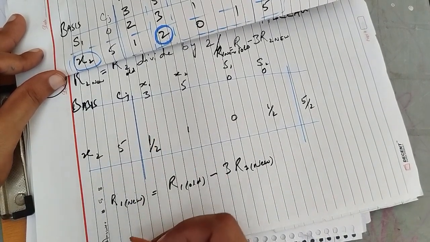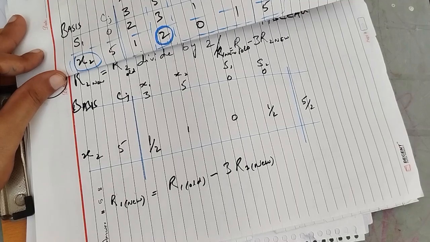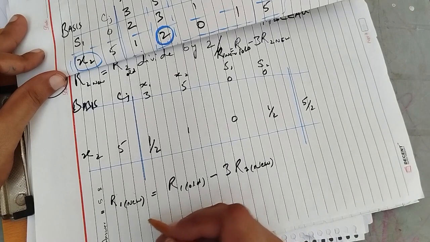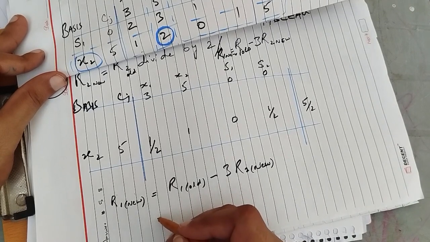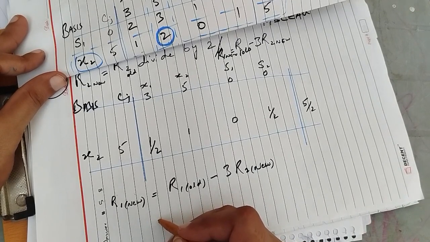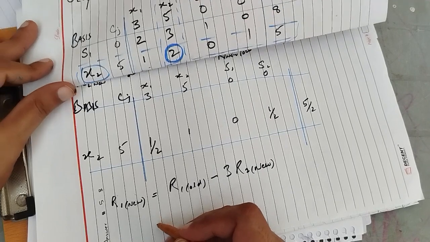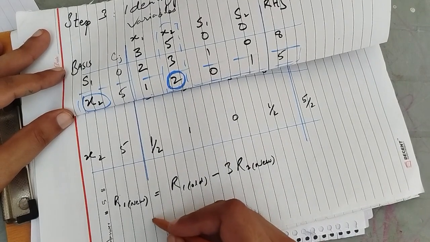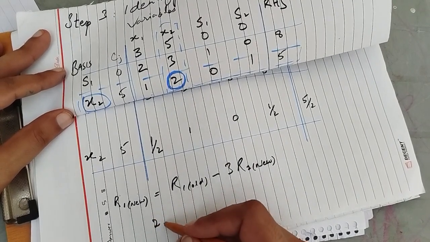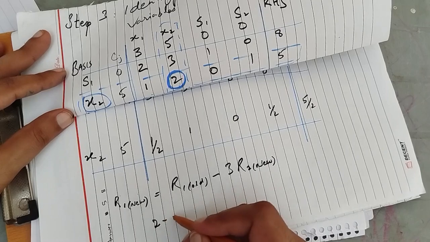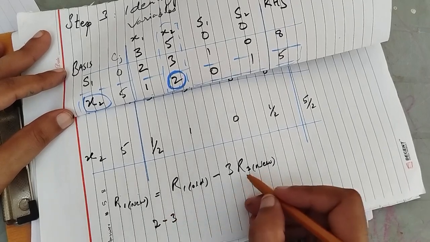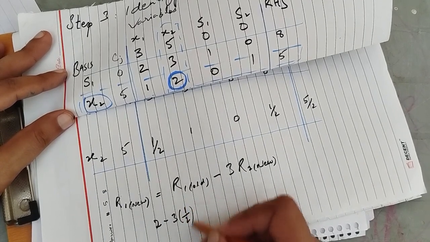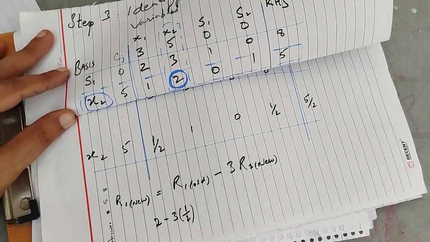We start with this element. If we take this element, R1 old is 2, okay, minus 3 R2 new, that is 1 by 2, okay.